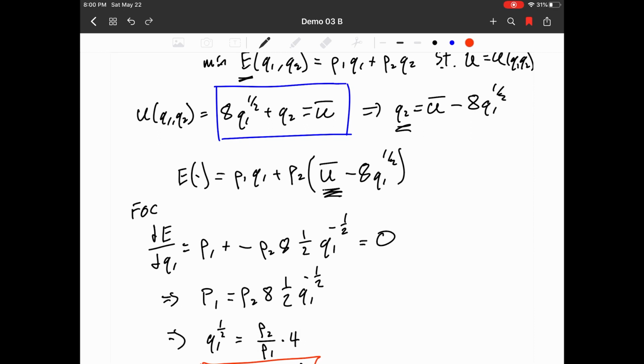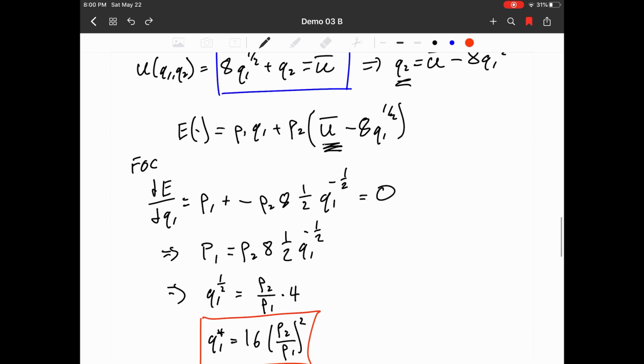In this case, it's the indifference curve, which is here. So we're just going to take our value for q1 and plug that in to the indifference curve.